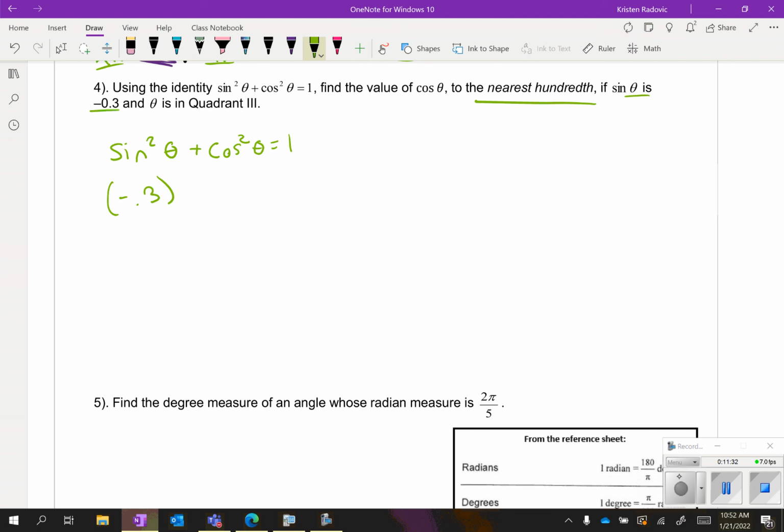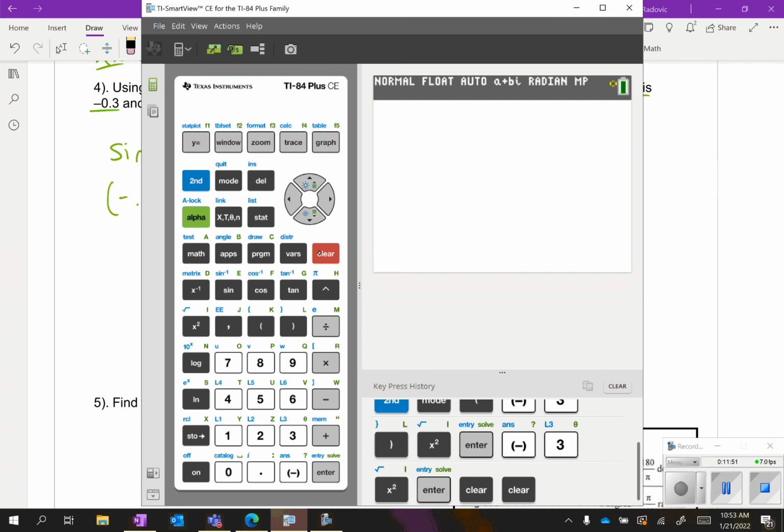And keep in mind this is sine, not sine squared, so you still have to square the negative 0.3. Please be careful. Don't think that you can do this in your head. You want to use your calculator to double check your work. And because it's a negative value, you need to use parentheses.